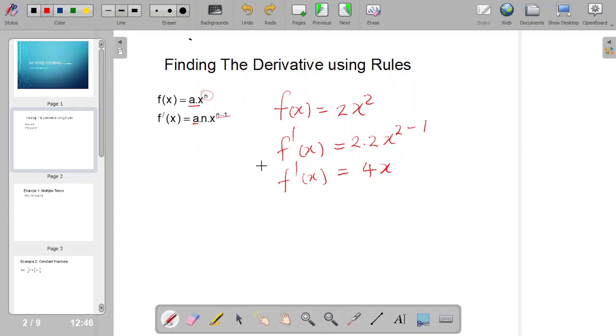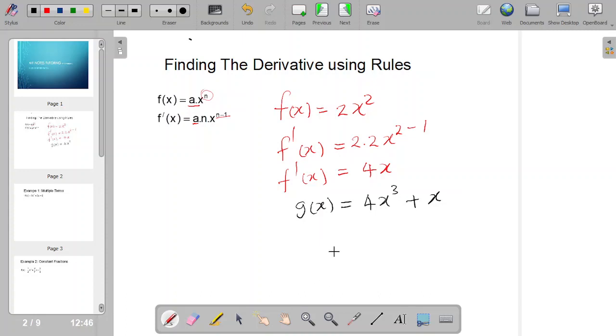Then we can also look at a different situation. We can write this in black, and here let's say we have g of x equals 4x to the power 3 plus x.